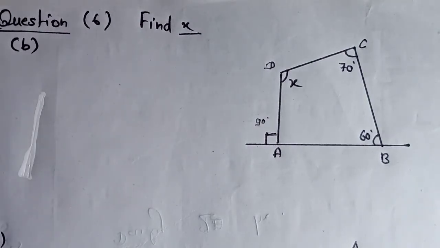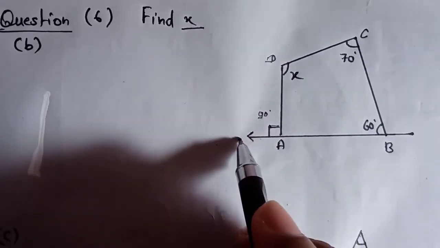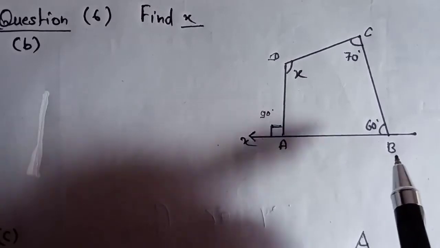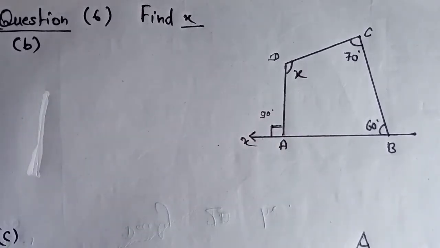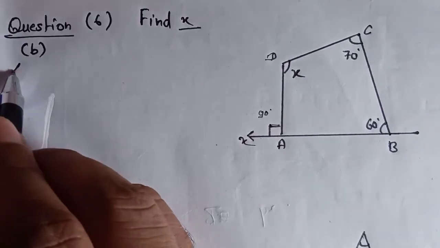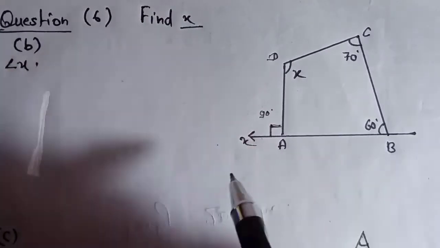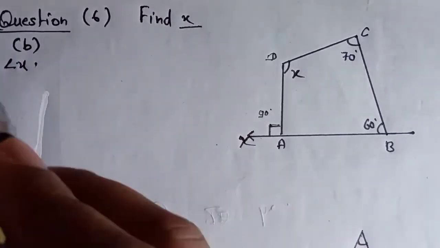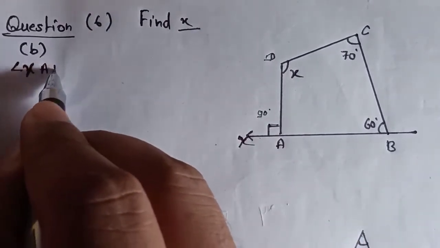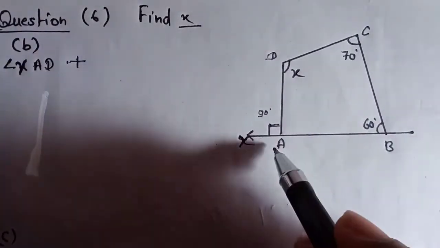Now we know that if here it is x, so XAD plus angle DAB is equal to 180 degrees. We can write here angle x, sorry, it must not be x. If you have considered x, take here y. So if it is y, so angle YAD plus angle DAB.